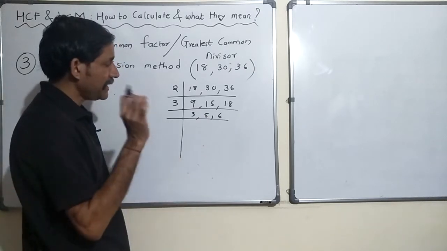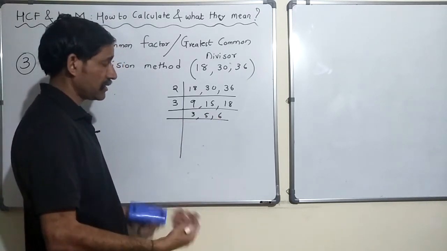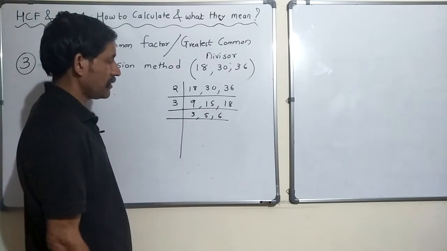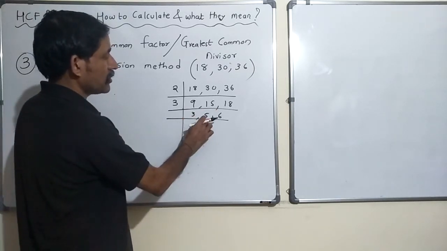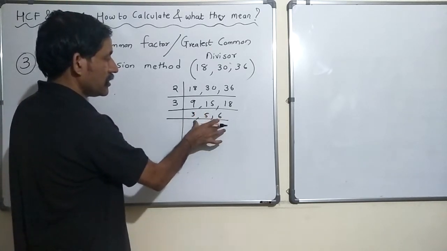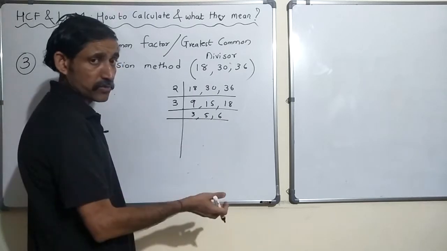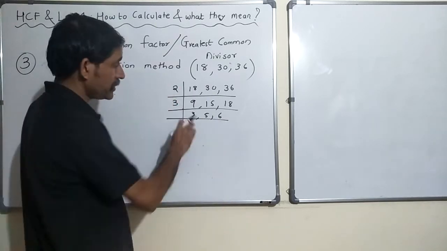Now is there any number which divides all 3 of them? No, you have nothing which divides all 3 of them, right? 3 divides this one but not this one, no use. 5 divides this one but not the other 2. 2 divides 6 but not the other 2. So there is no single number which divides all 3.